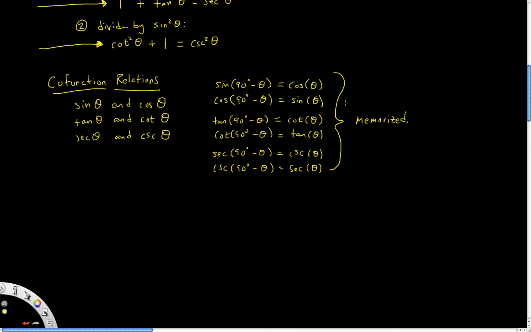I'll never require that you prove them to be true, but you should be able to remember them, memorize them, and then be able to apply them when we start evaluating trigonometric identities. All right, so we've done everything from section 8.4, and so now I want to go through a couple examples to show you how this works.